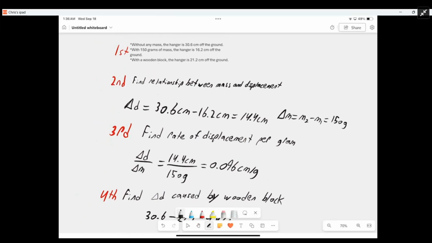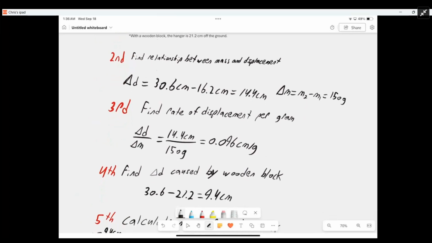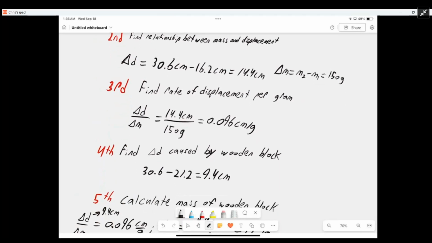You're going to do delta D over delta M, and you're going to get 14.4 centimeters divided by 150 grams, which is going to give you a rate of displacement per gram of 0.096 centimeters per gram. So that means for every gram that's added, the hanger is being displaced by 0.096 centimeters.